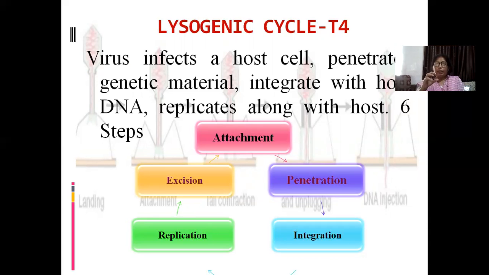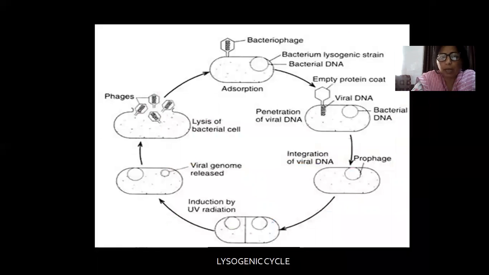And when the induction is present, the viral DNA gets separated from the bacterial DNA and enters the lytic cycle, from where it makes different virions and makes a colony of that virus. This whole process can be understood diagrammatically.